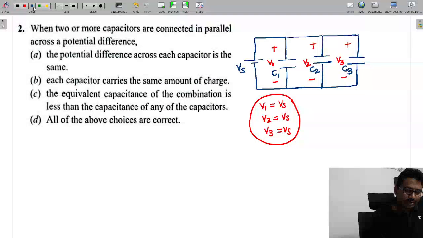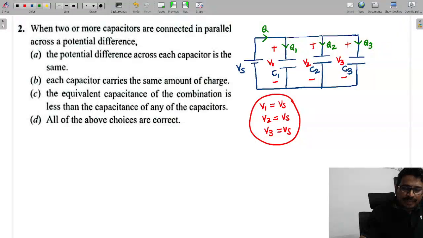Next, look at the parallel connection. Whatever the charge, if I call it Q, some of the charge may go here, this is Q1, some may go here, this is Q2, and some will go here, this is Q3.